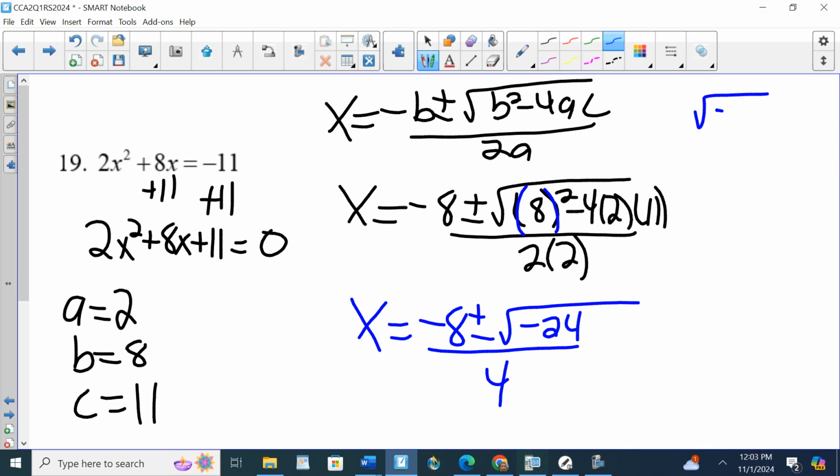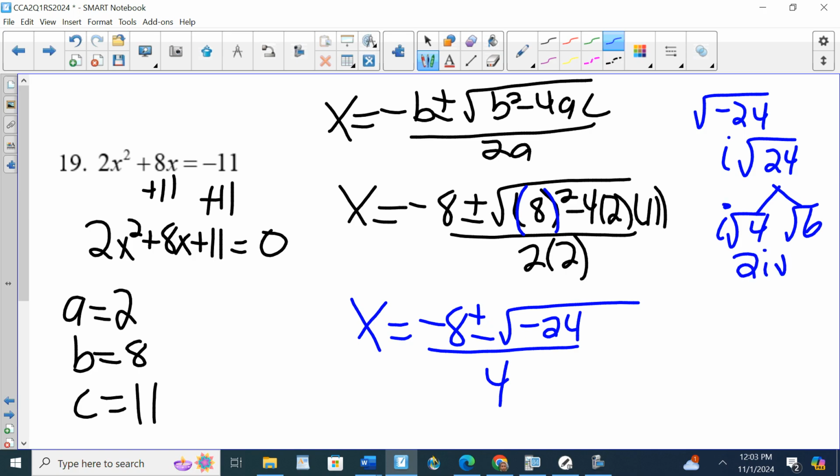Now we take the radical of negative 24, pop it off to the side. Negative becomes an i, reduce the radical. I'm not going to write out my list of perfect squares right now. 4 and 6. If you can't do this, then watch the video on reducing radicals. 2i rad 6. X equals negative 8 plus or minus 2i rad 6 over 4.